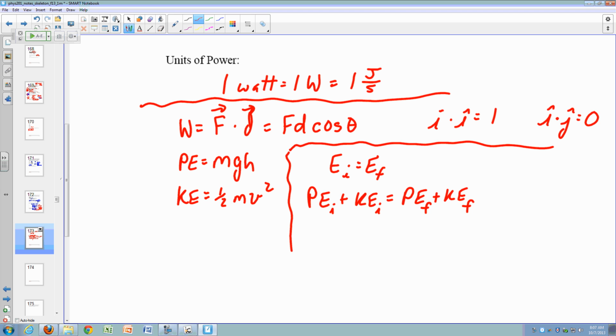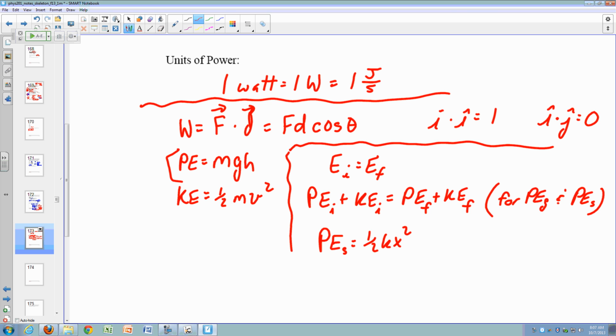And that applied for gravitational potential energy and for elastic potential energy. Gravitational potential energy is mgh. For the elastic potential energy, that's 1/2 kx squared.